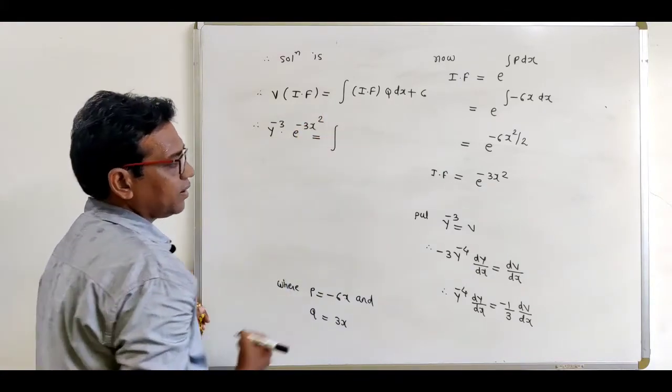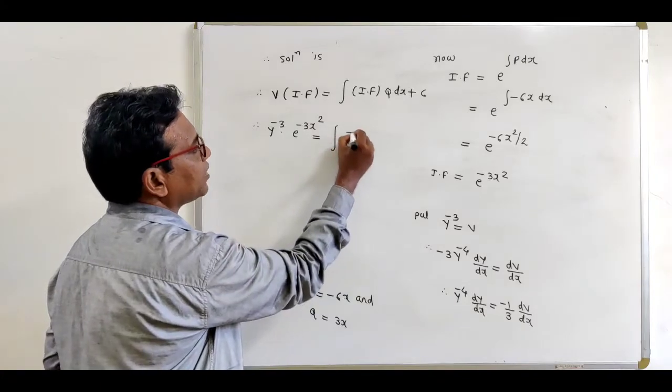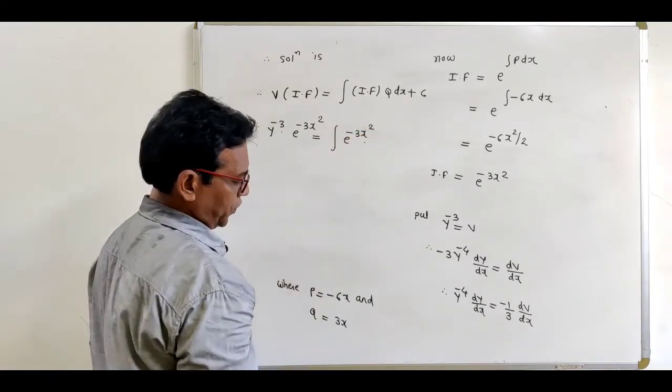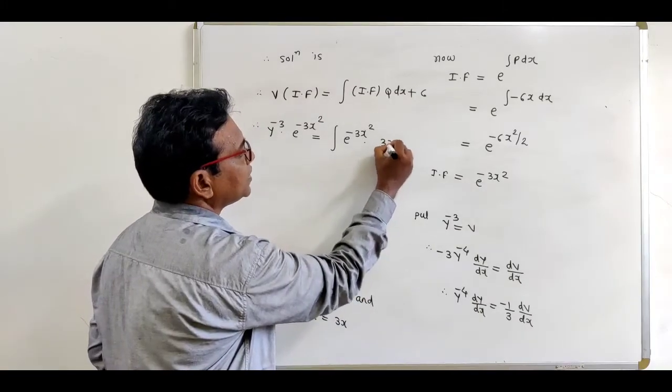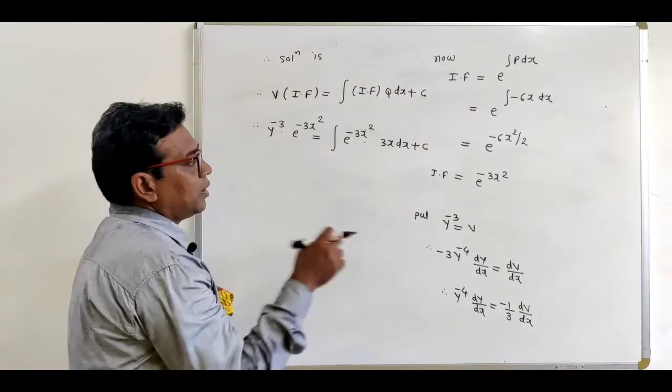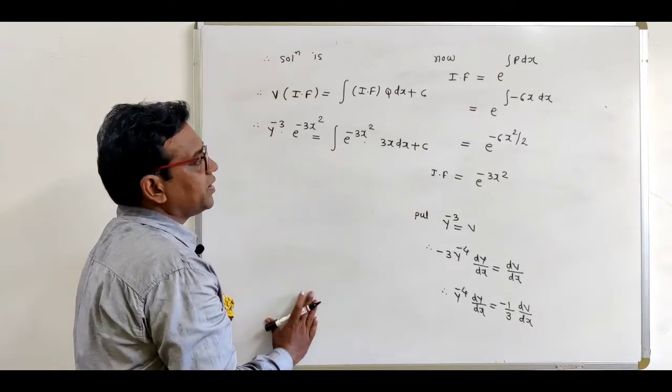This is equal to integral, integrating factor means e raised to minus 3x square, and what is the value of q? q means our 3x dx plus constant c. Now let's see how to solve this integral.